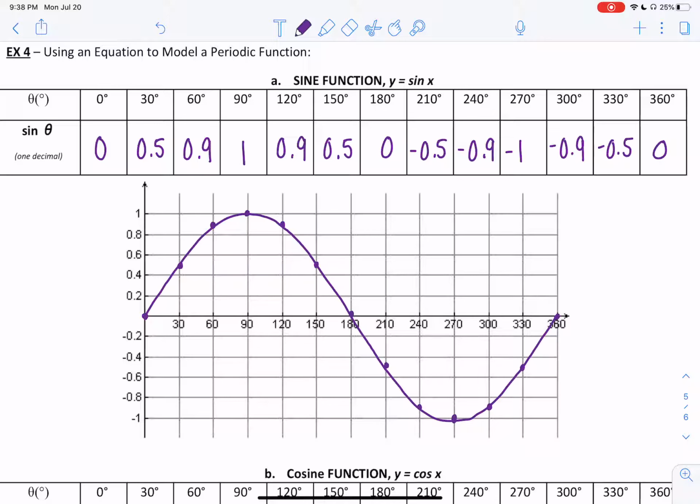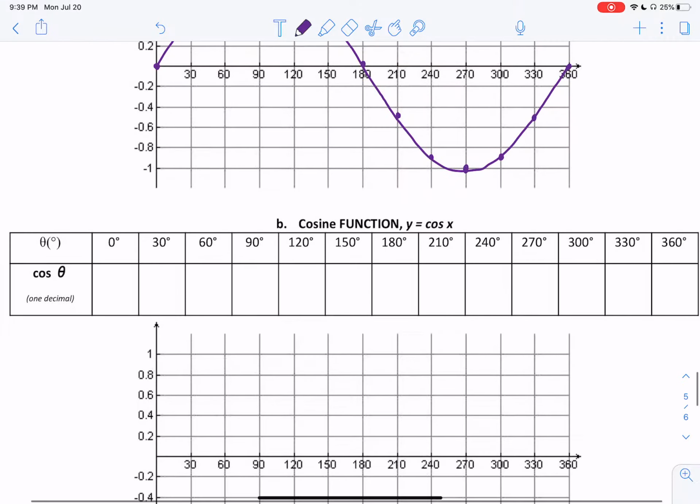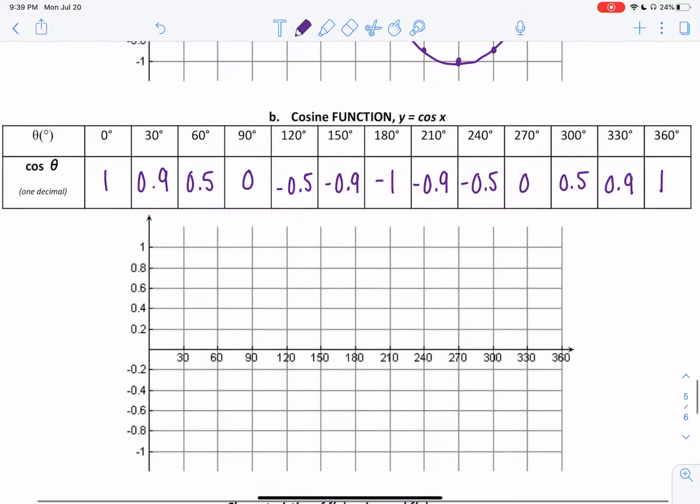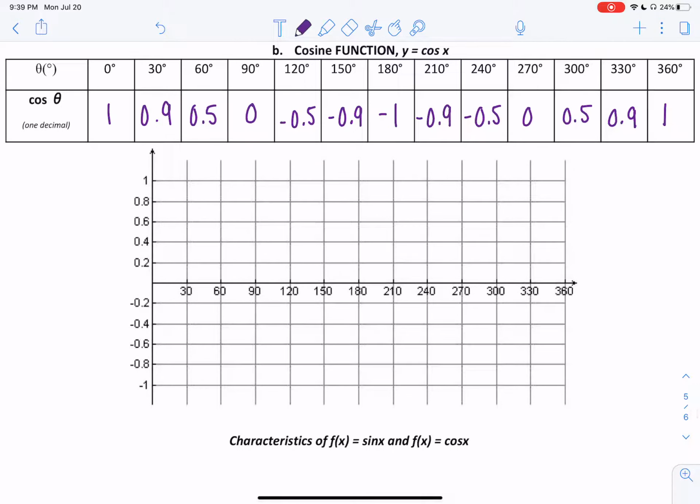Let's try the cosine one now. We're going to do the exact same thing, but with cosine. Now I'm going to graph all of those values.